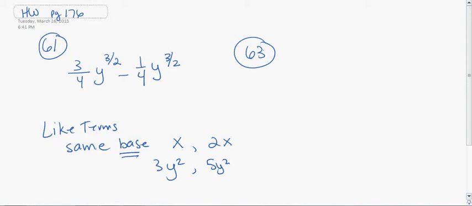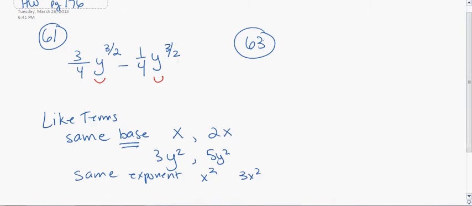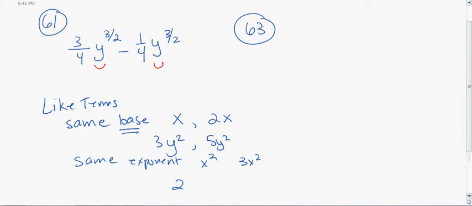So let's check our example. Do we have the same base? Let's see, I've got a y and I have a y. Very nice. I also have to have, for like terms, the same exponent. So I need the same power or same exponent. An example of that would be x squared and 3x squared, or 2y to the 5th and 3y to the 5th.